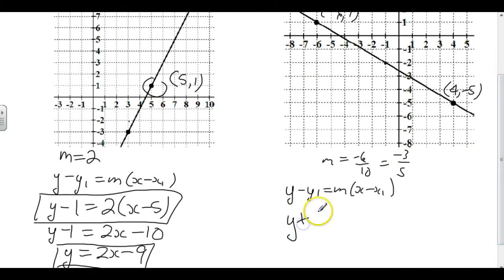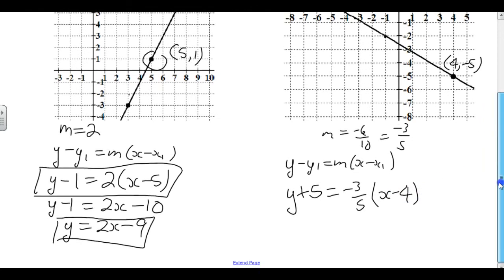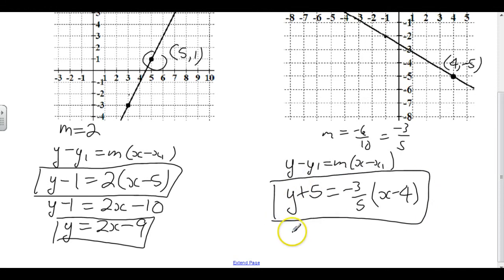So y plus 5, I'm going to use this point, is equal to negative 3/5 times (x minus 4). Okay, and that is point-slope form, right? We've got the point, we've got a slope. Slope-intercept: y plus 5 is negative 3/5 x plus 12/5.